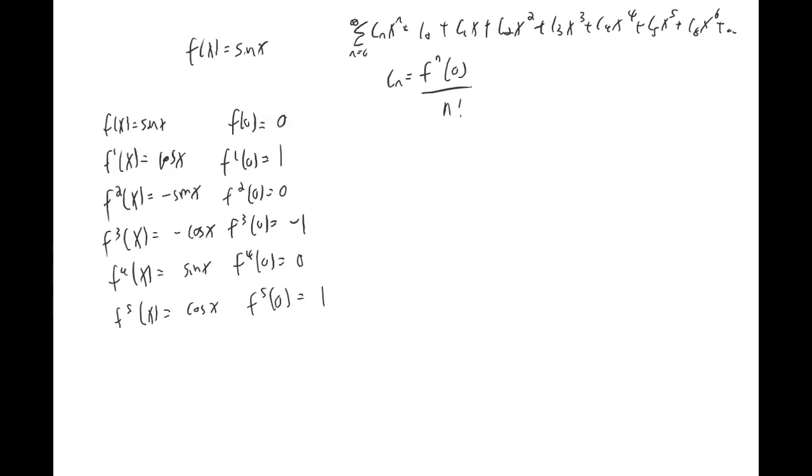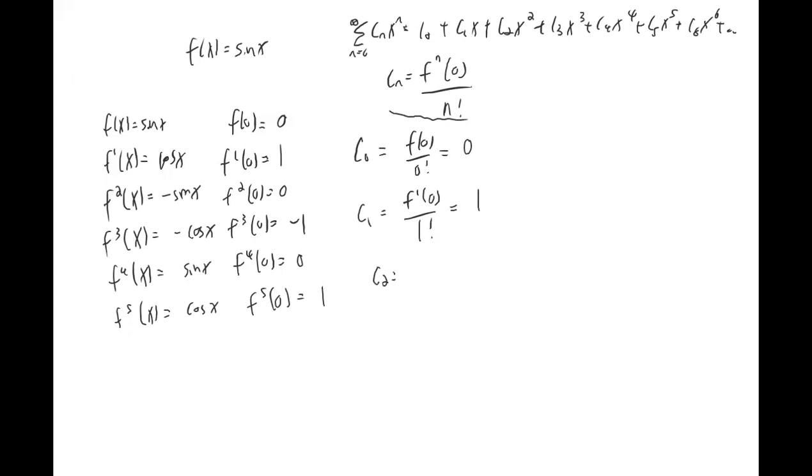And now let's figure out C0. C0 is f of 0 divided by 0 factorial. I'm using this formula. F of 0 is 0, so it's 0. C1 is f1 at 0 divided by 1 factorial, so that's 1.